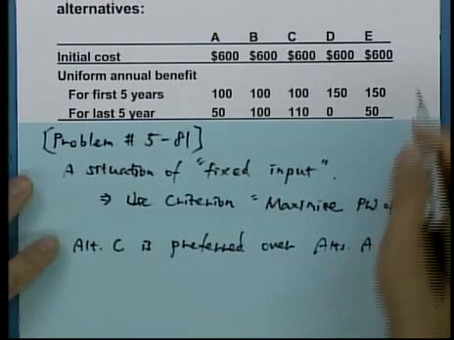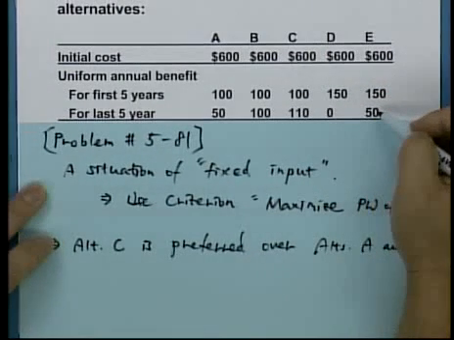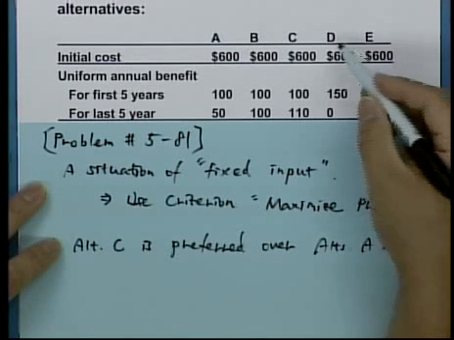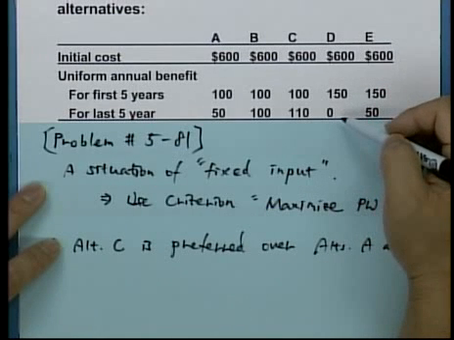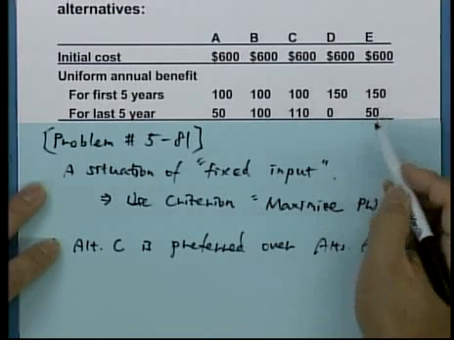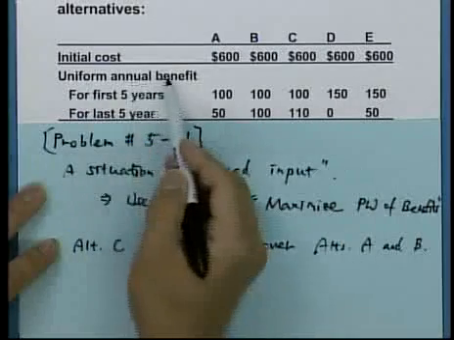Likewise, alternative E is preferred over alternative D because it has larger uniform benefits, right?